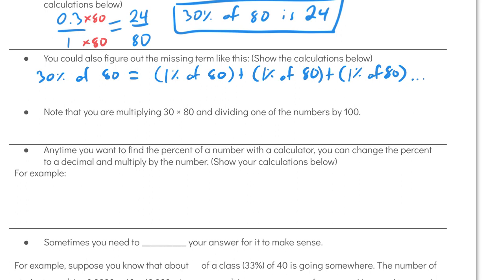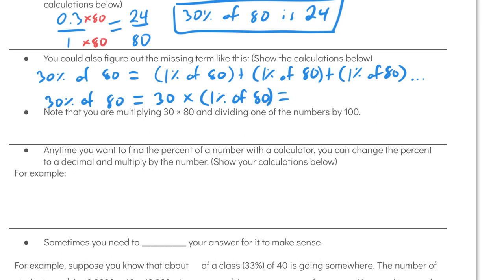So instead of doing that, I know that repeated addition is the same as multiplication. So I can say 30% of 80 is like saying 30 groups of 1% of 80, which is the same as, and when I want 1% of 80, that's a very simple thing to do because again, I just look at my decimal right here and move it over 2 spots to the left.